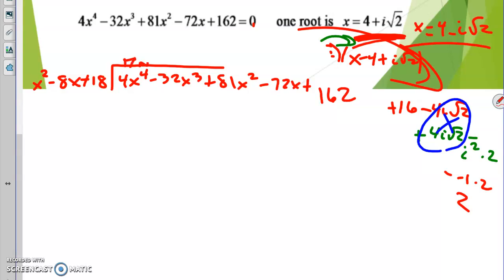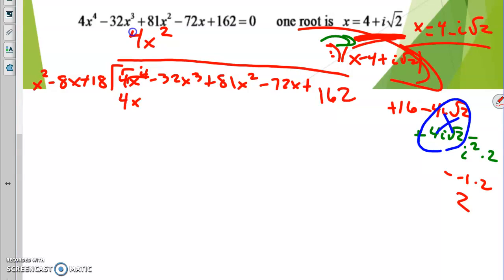All right, so now let's see how many times x squared goes into 4x to the 4th. That gives me 4x squared times. So it goes in there 4x squared times, and I get 4x to the 4th minus 32x cubed plus 72x squared.